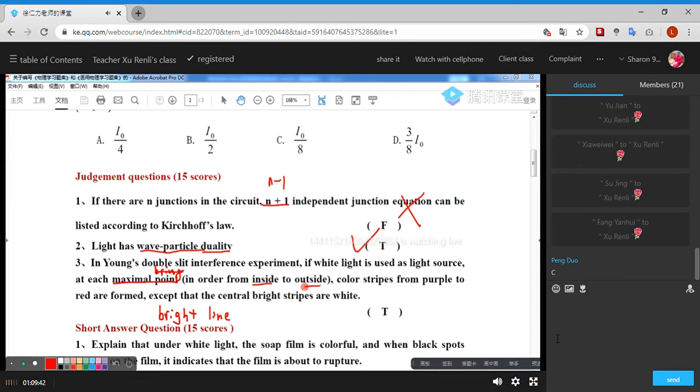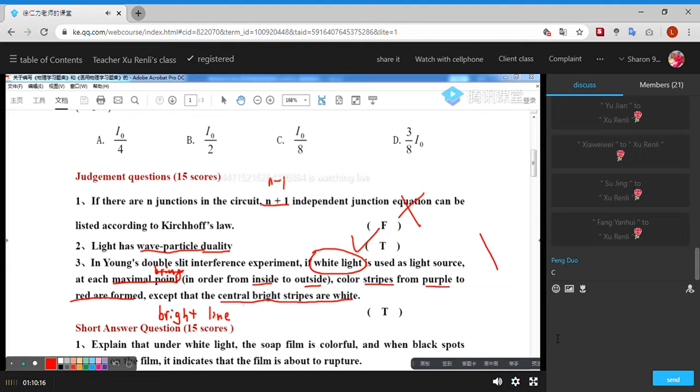From inside to outside, the color strips go from purple to red, except that the central bright strip is white. What does it mean? It means that if we use white light to do Young's experiment, we have the diagram on the screen.